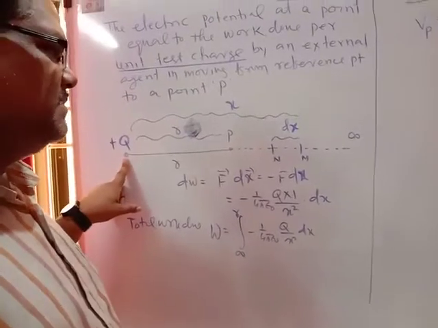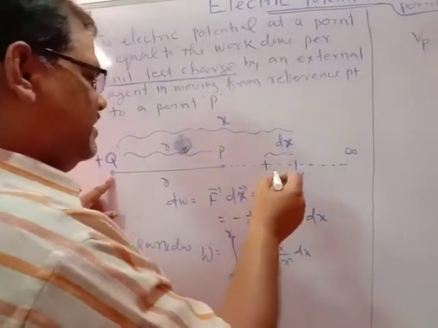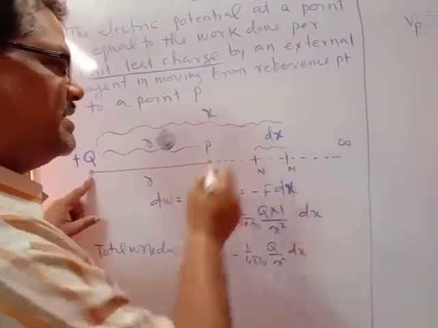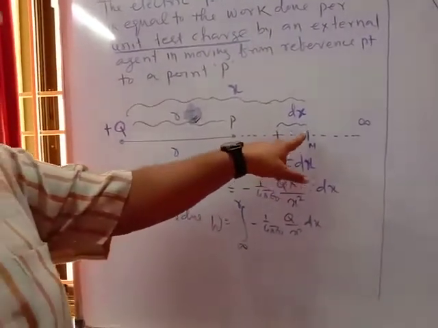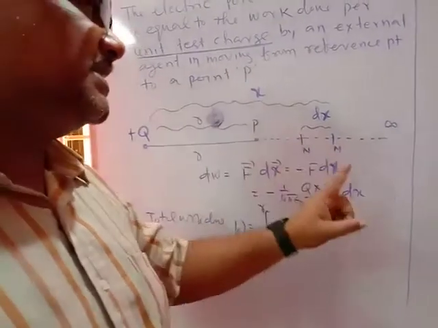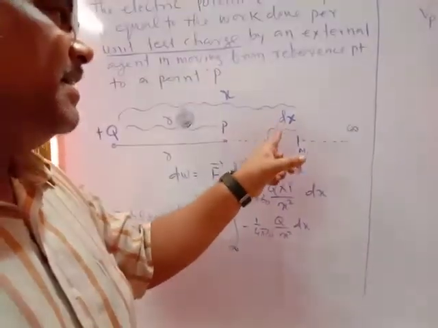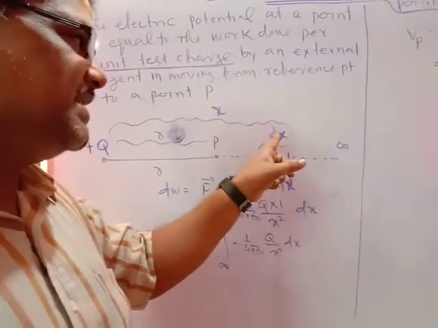Suppose the test charge is taken from M to N through a distance dx. What will be the work done? dW is the work done in taking the test charge from M to N by moving through a distance dx.